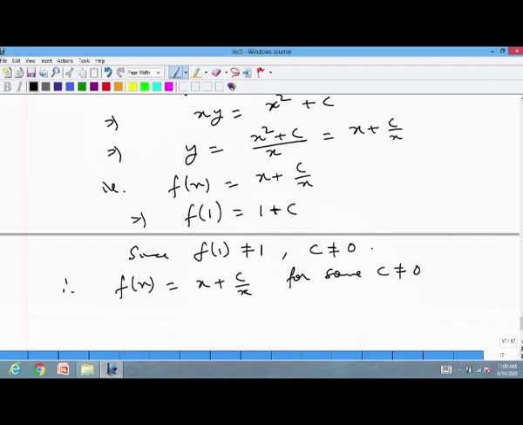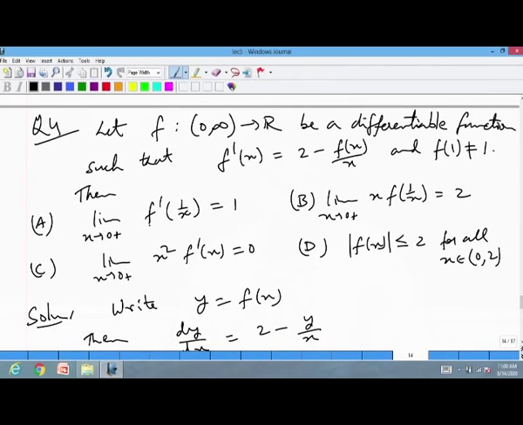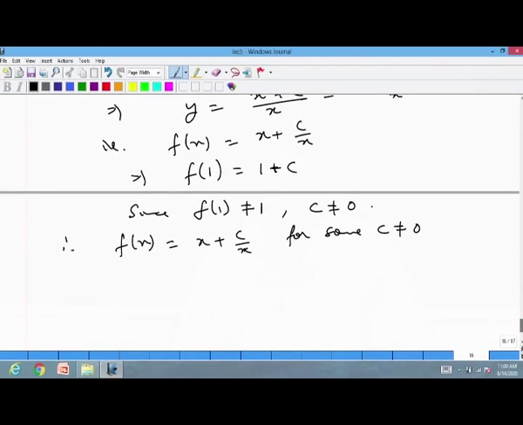Now, let us look at the options. Option A says the limit of f prime of 1 by x as x approaches 0. So, let us calculate. What is f prime of x? f prime x is equal to 1 minus c by x square, which implies f prime of 1 by x is equal to 1 minus c x square.